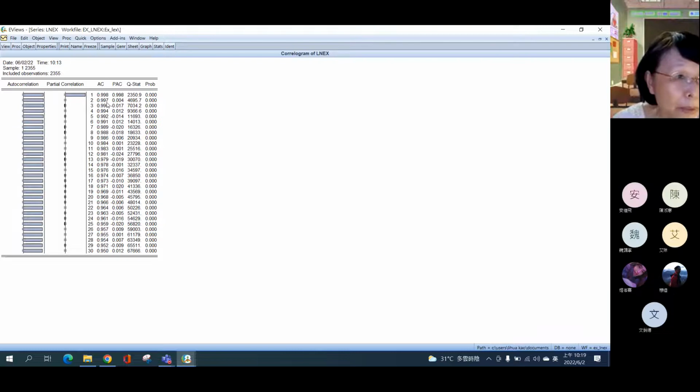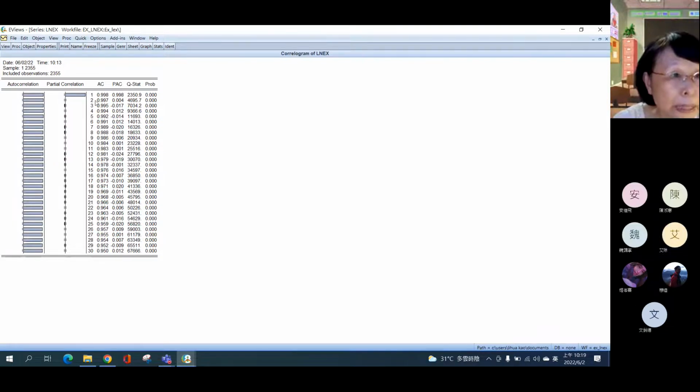They start to decline, but very slowly. Even for this example, up to the 30 lags, the correlation is still 0.95. So it is really highly correlated.